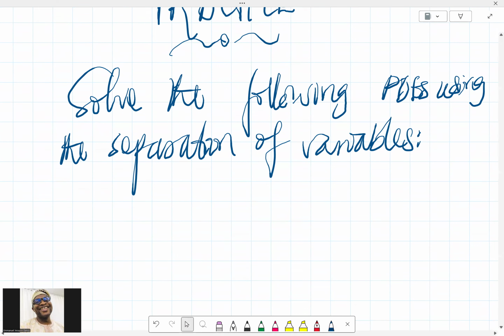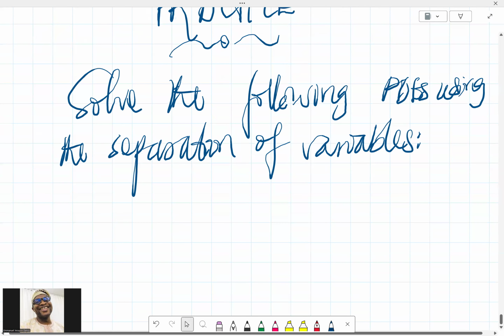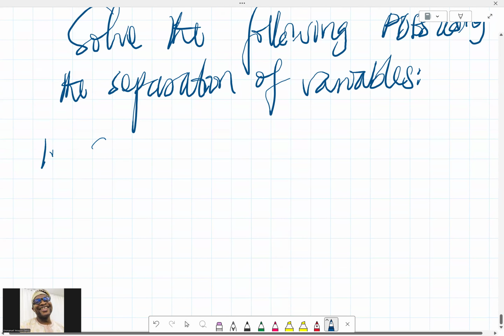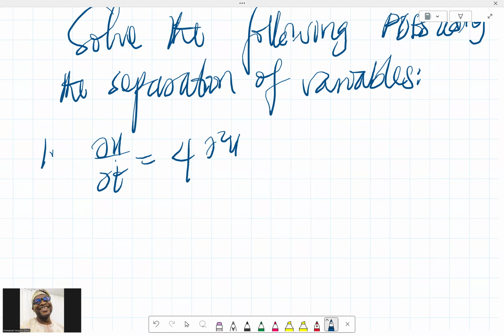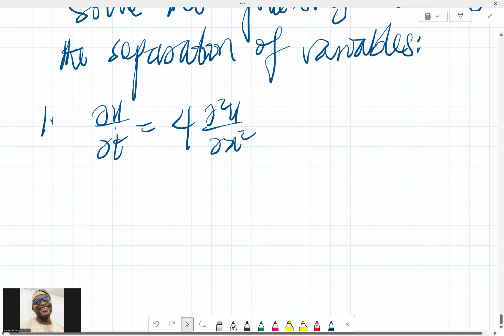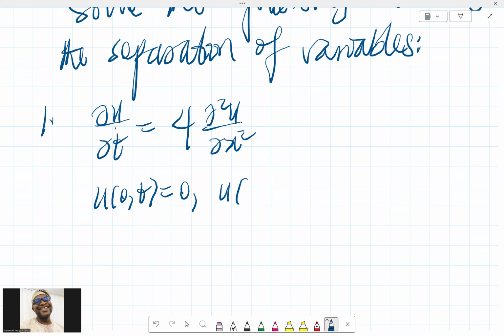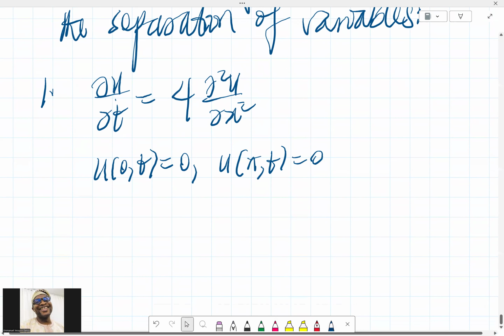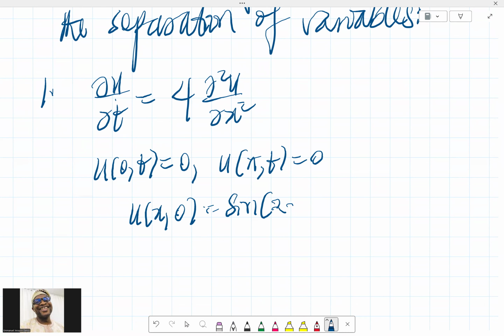Number one, you have partial u, partial t equals 4 partial squared u, partial x squared. So here alpha squared is 4. u of 0 comma t is equal to 0, u of pi comma t is equal to 0. So you can also see that L here is pi. And you also have u of x comma 0 is sine 2x.